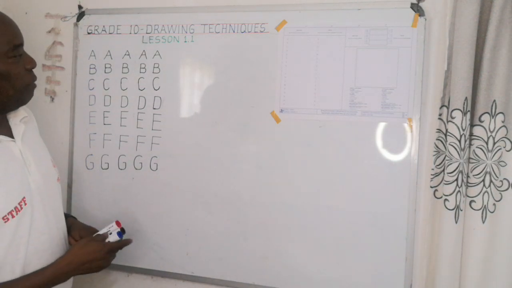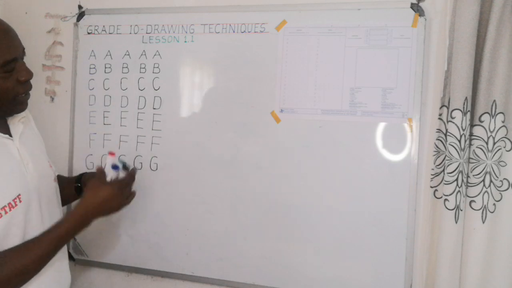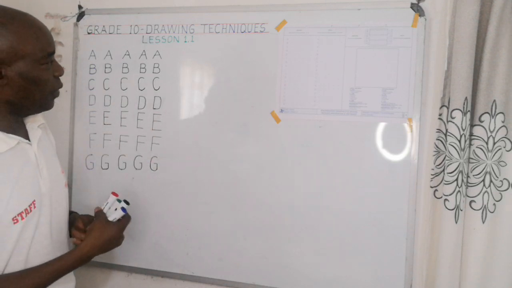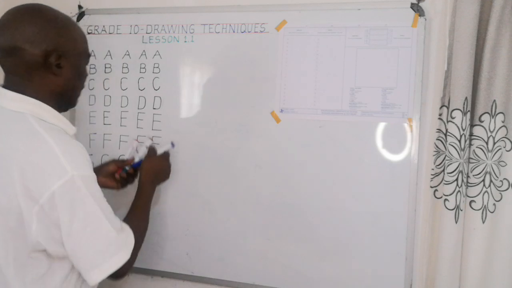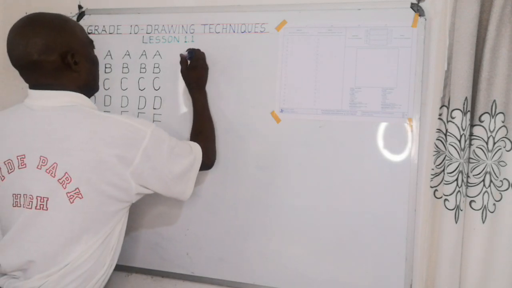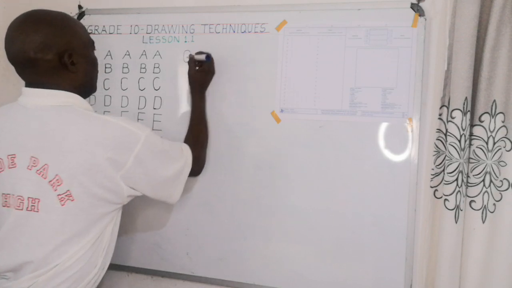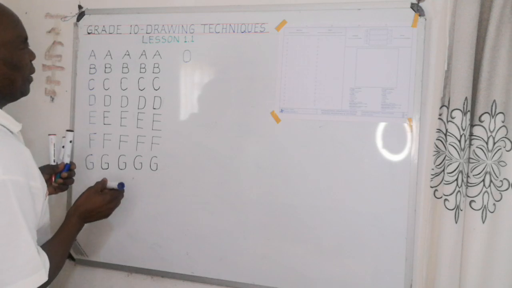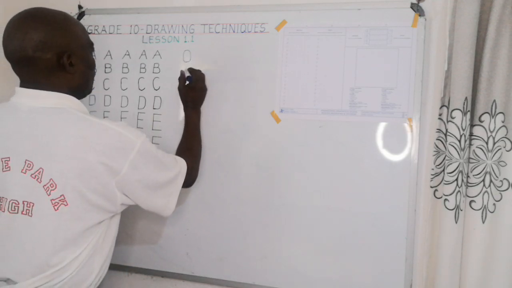So the way to do them is just the same as we've been doing the letters. Just copy them as they are in the workbook. For example, if you start with 0, that's our 0 there.